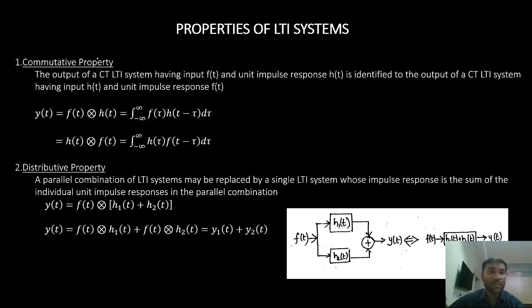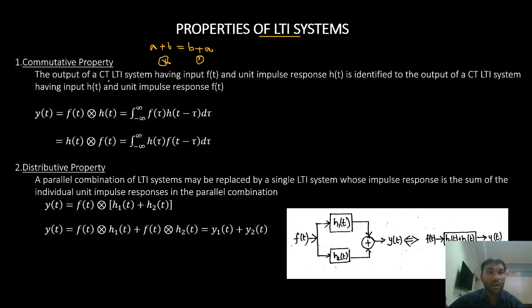The first property of LTI systems is the commutative property. What does the commutative property say? In general, commutative means A plus B equals B plus A, the general commutative property of addition. Now, when we are talking about LTI systems, we have convolution.